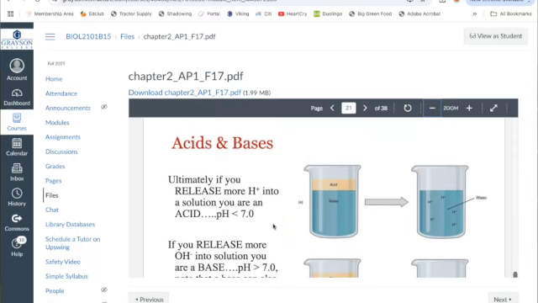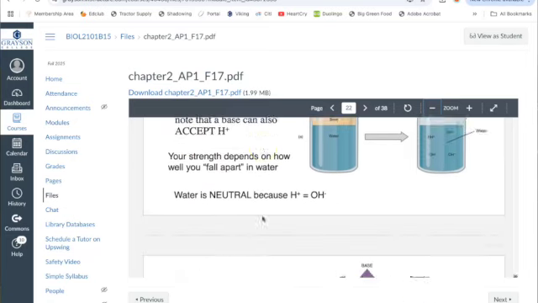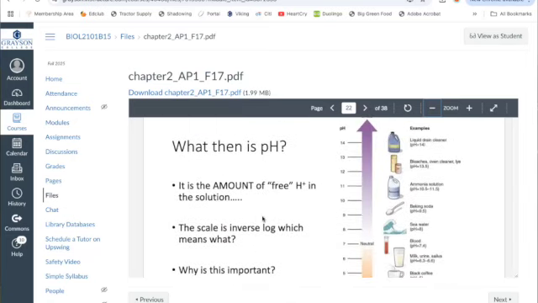But to actually identify and categorize them, if you release more hydrogen into a solution, okay, you're an acid. Okay. An acid is usually less than 7 pH. pH is the measurement of acid and base. Let's look down here at this chart. Okay. 7 is neutral.